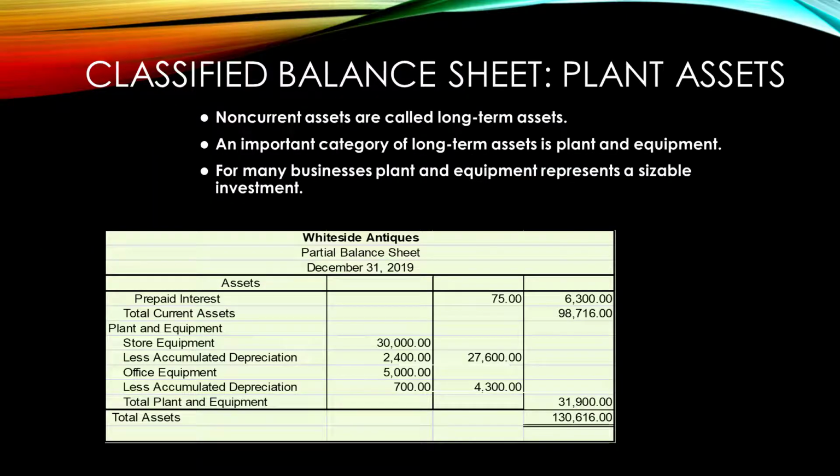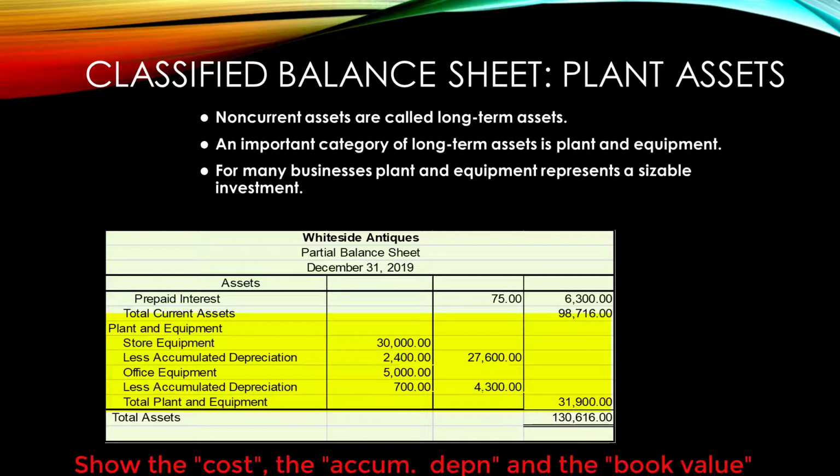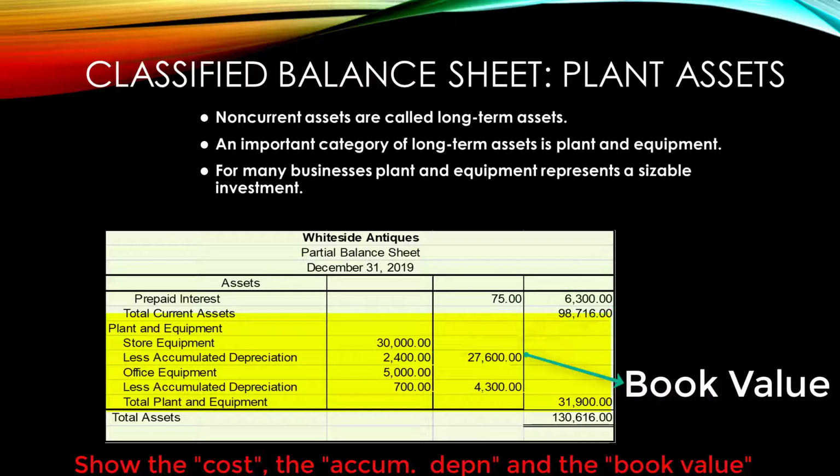Plant assets, or plant and equipment in this example, are those long-lived assets that last more than 1 year. Make sure you show all 3 GAAP components for the plant assets, including the cost, the accumulated depreciation, and the resulting book value.